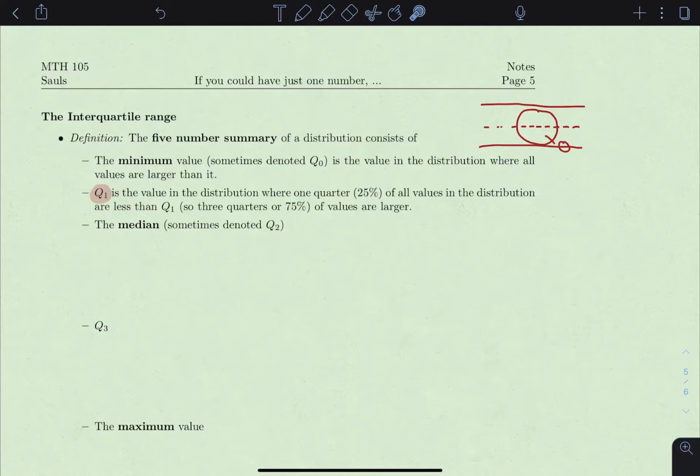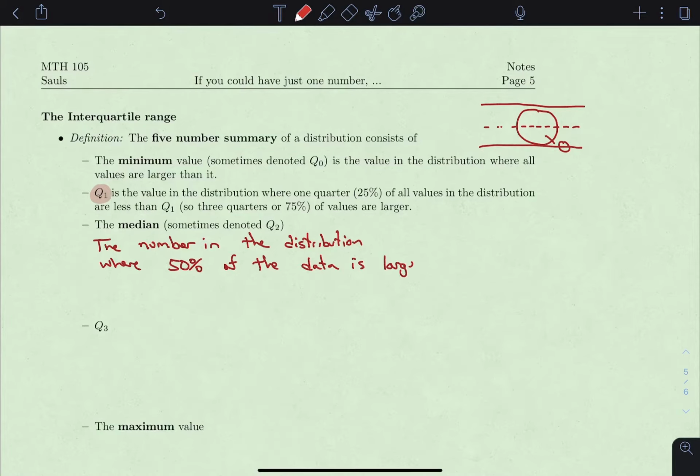Then we get to the median, the number in the distribution where 50% of the data is larger and 50% of the data is smaller.